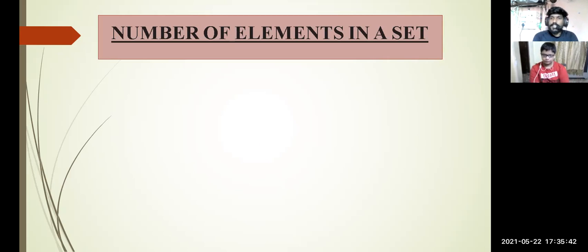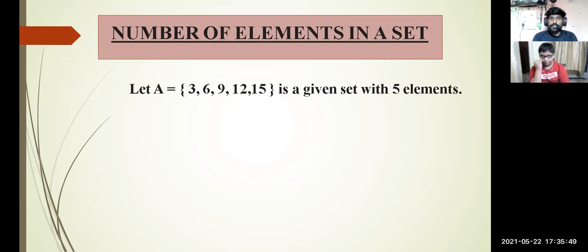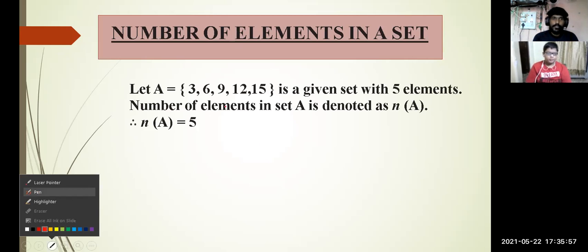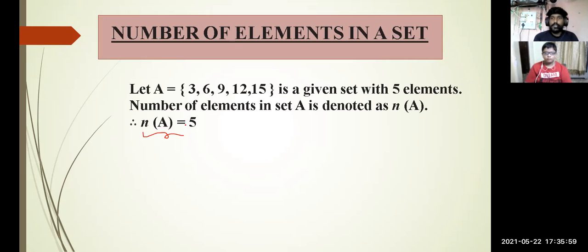So how many elements are there in a set? That is called the number of elements in the set. It is denoted by n of A. So n of A will give you the number of elements in that set.